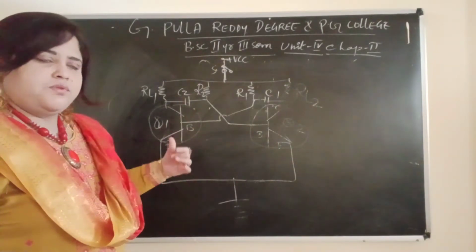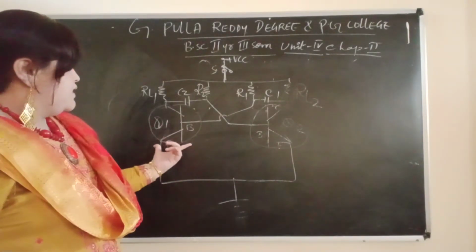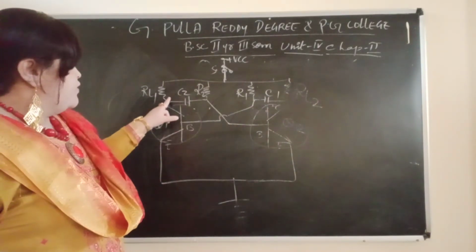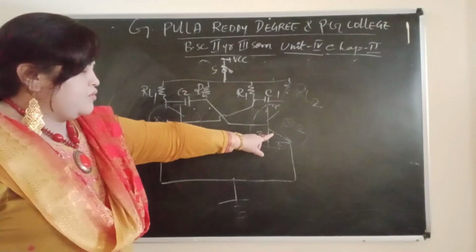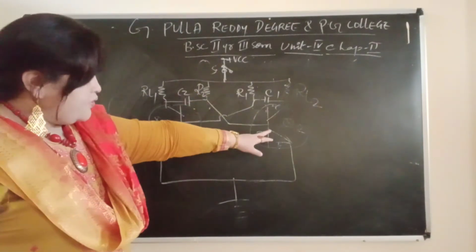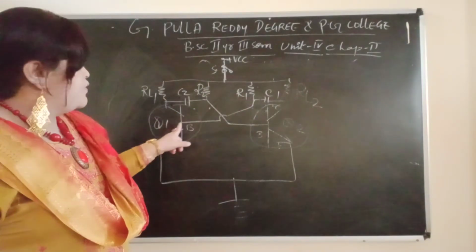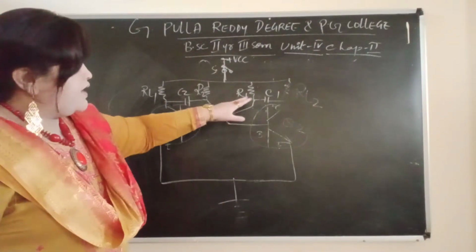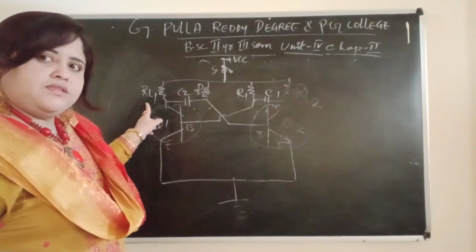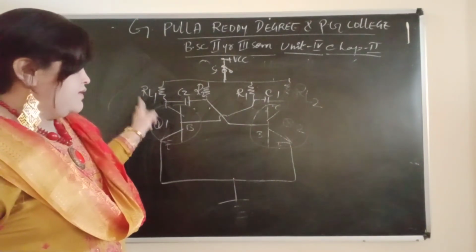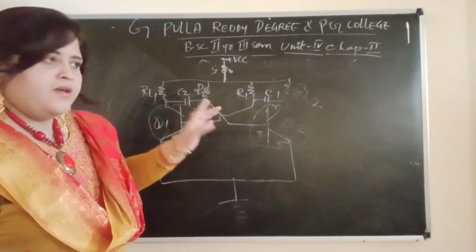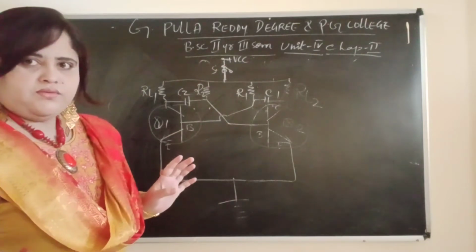In the circuit description, the output of Q1 goes as an input to Q2 with the help of C2 and R2, and the output of Q2 goes as an input to Q1 with the help of R1 and C1. RL1 is the load resistance of transistor 1, and RL2 is the load resistance of transistor 2, where we can measure the outputs.